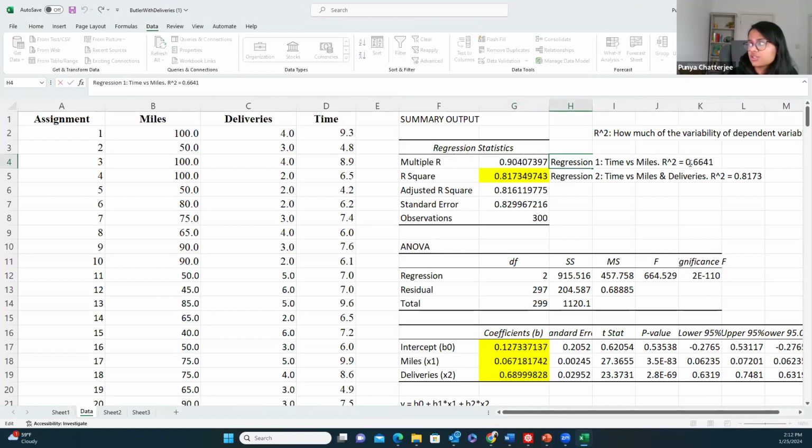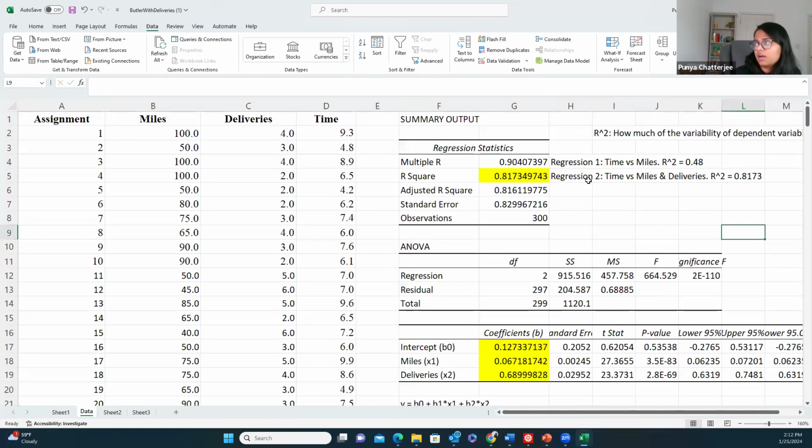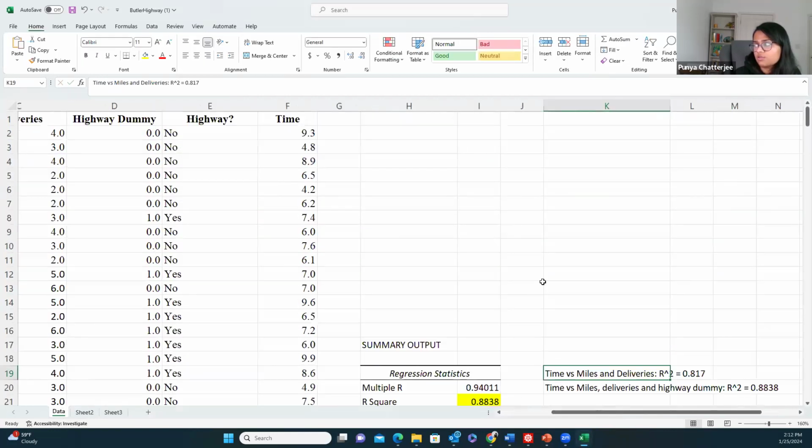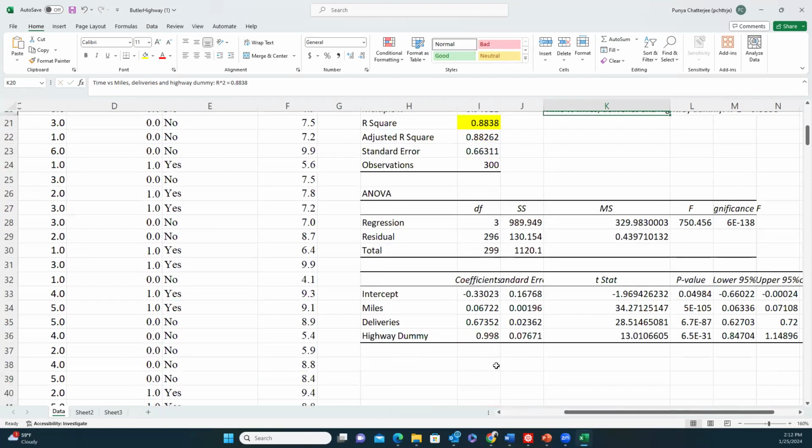So we first did just miles with the same data, then it was 0.48. And then we did miles and deliveries, then it became 0.81. And now we did miles, deliveries, and highway, and now it's 0.88. Okay. Good question.